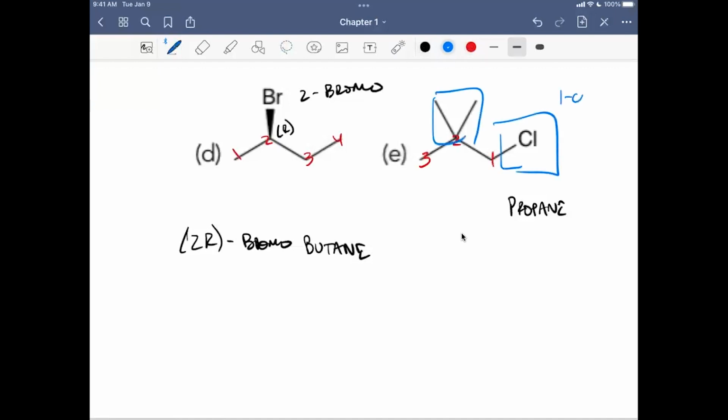We have a 1-chloro and we have a 2-dimethyl. Remember that di indicates that they're both on the same carbon and there's more than one. So writing that into our full name, we have 1-chloro-2,2-dimethylpropane, and that's the name there.